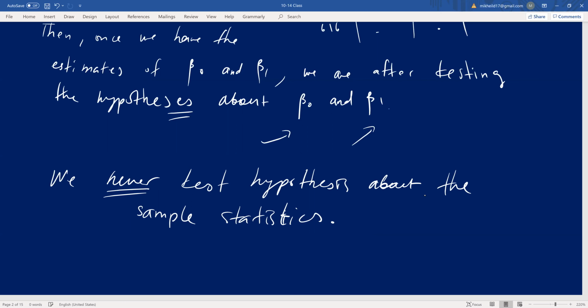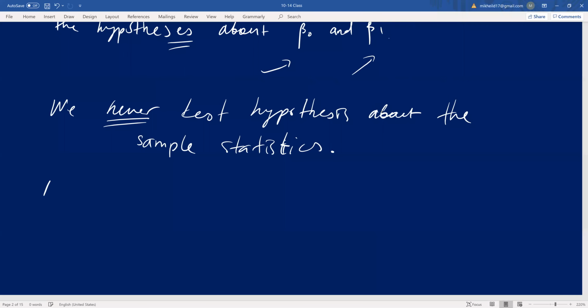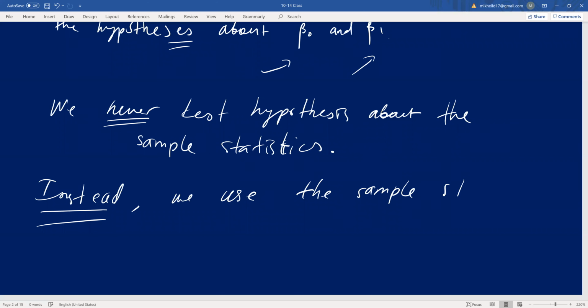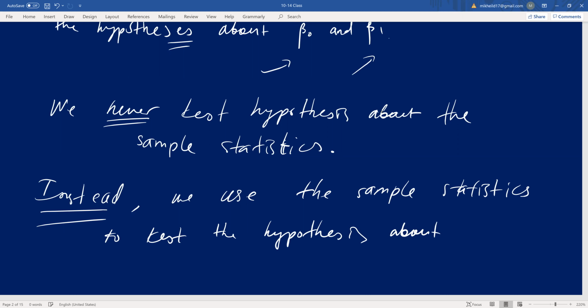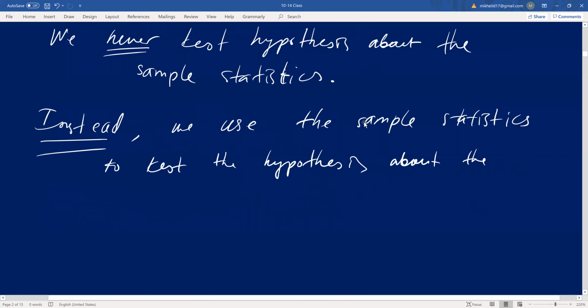Instead, and please remember, we use the sample stats to test the hypothesis about the true parameters. Population parameters.